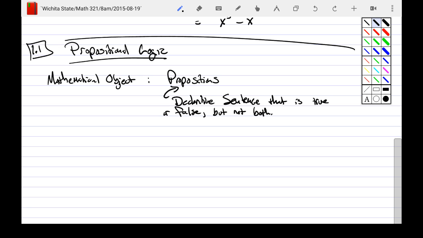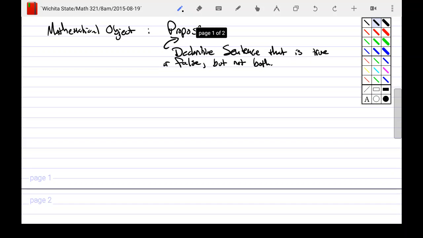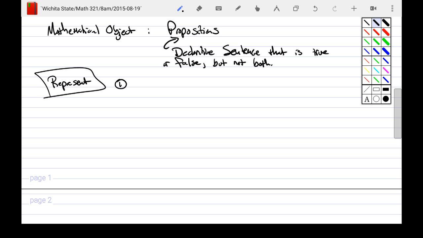All right. Now that you know this, one of the things we would do would be representation. How do you represent? First way. Say it.